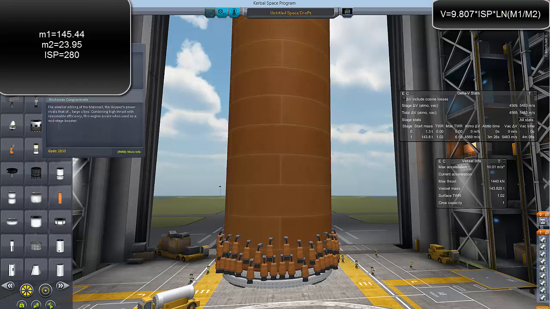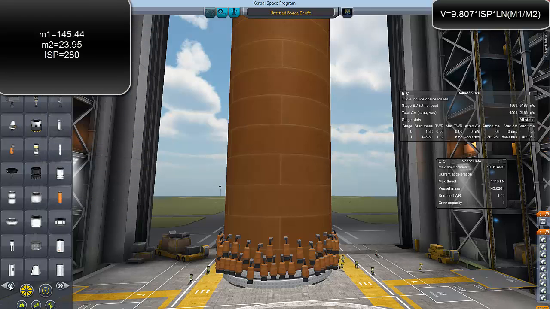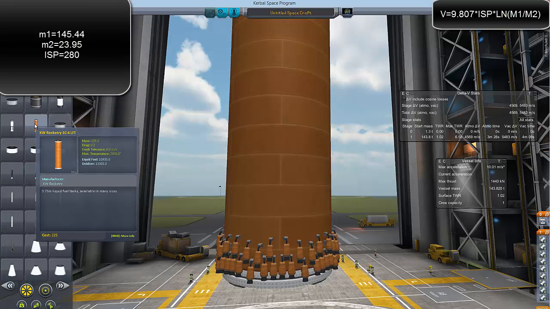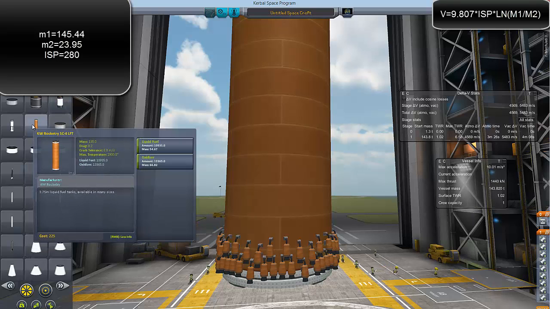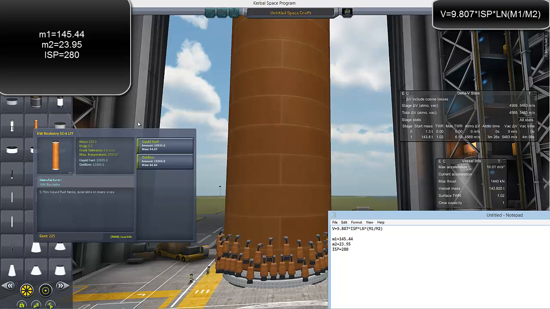And to figure out the total weight in Kerbal Space Program, as far as the fuel tanks, what you do is subtract the mass here from the mass here, and that gives you the mass without fuel, and then you add in everything else.